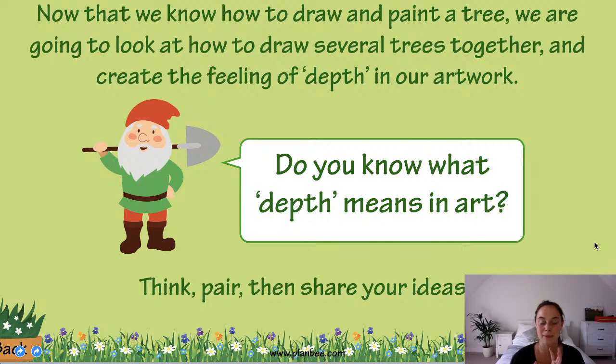So depth, if you think about a 3D shape, you can see it's got depth, hasn't it? I'm not doing a very good job of explaining this, but let's have a look if I can find something to show you. Okay, my glass. My glass is not 2D, is it? It's not flat. It's 3D shape, isn't it?